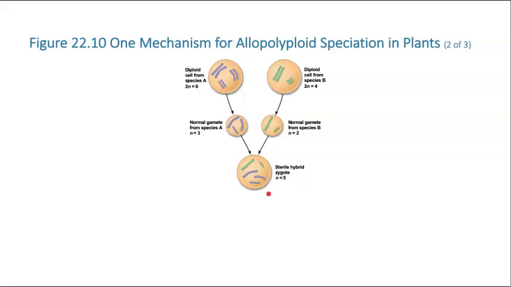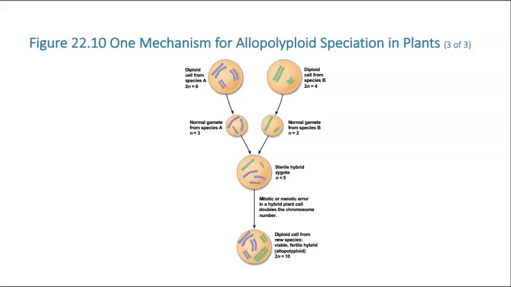Because this individual cell right here is haploid, we also say that it's sterile. And it means that it can't itself reproduce unless something additional happens. And with allopolyploidy, that something additional that happens is a mutation. Now, we've already talked about this.